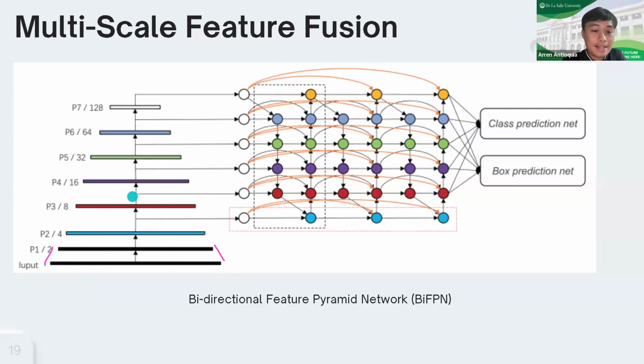I'm not sure about the implementation, but it seems like if this is 512, you are lowering the spatial resolution here already, even at P1. Probably in the implementation, it's still the same size. But the way that I understand this, we'll have to do more reading on it, this is half the size, this is a quarter of the size. So if this is 512, then most probably it has already downscaled here to 256.